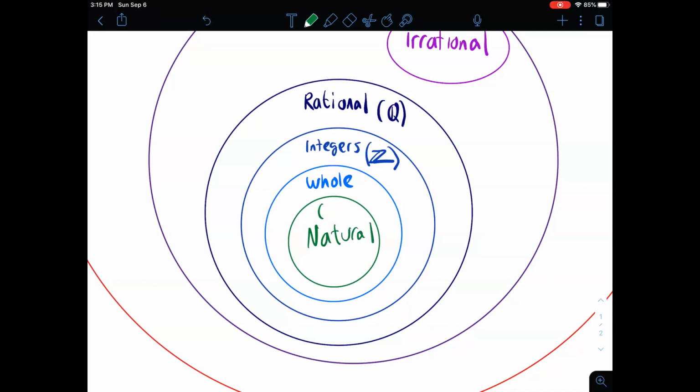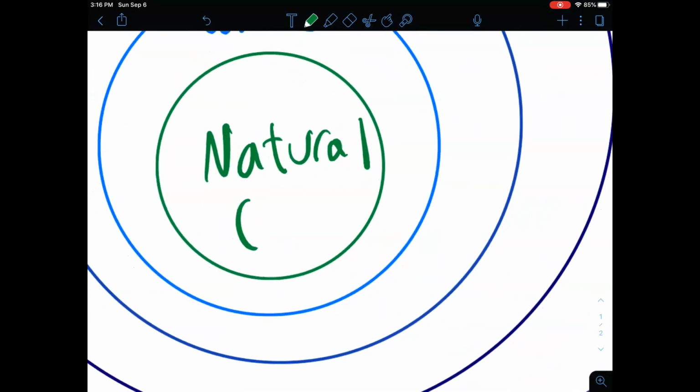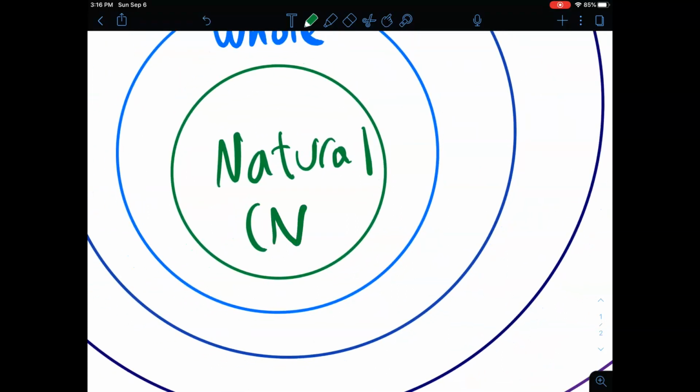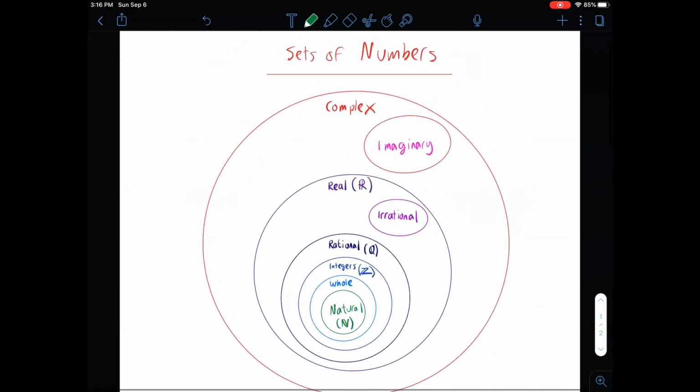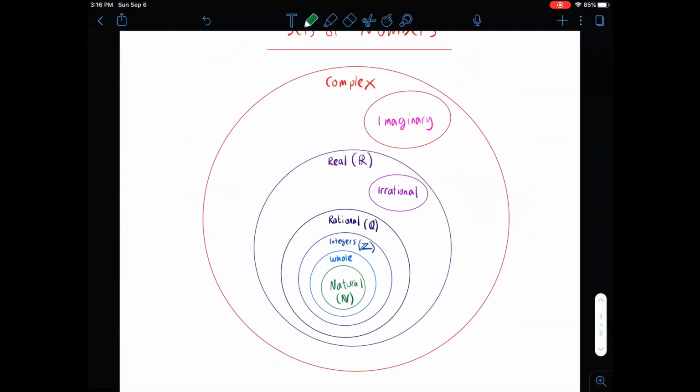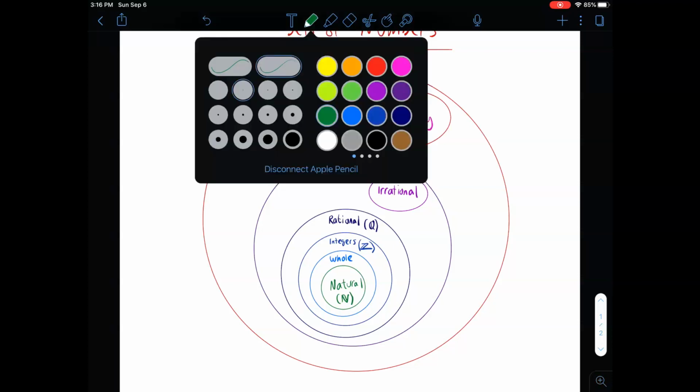And that was the double N. All right, and here's our nice table of concentric circles, kind of the different types of numbers and different sets of numbers. Okay.